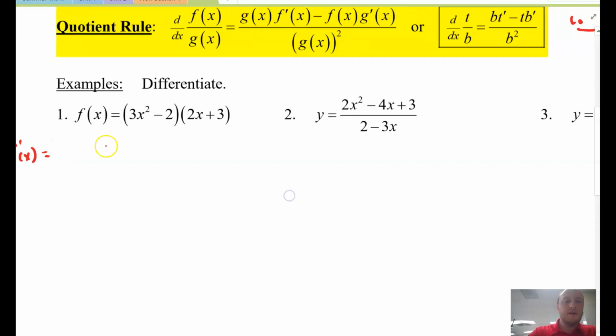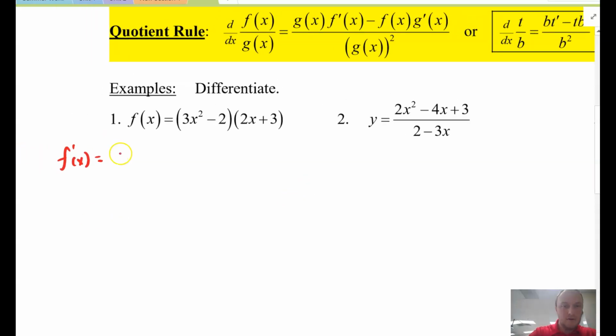So we have the first, 3x squared minus 2, times the derivative of the second, which is 2, plus the second, 2x plus 3, times the derivative of the first portion, which is 6x.